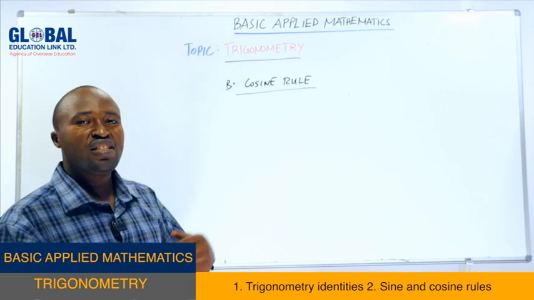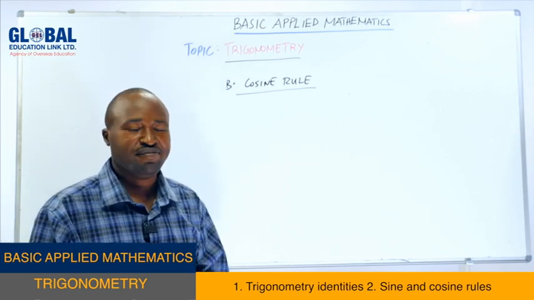Okay, for the case of the cosine rule, there are 3 important formulas.